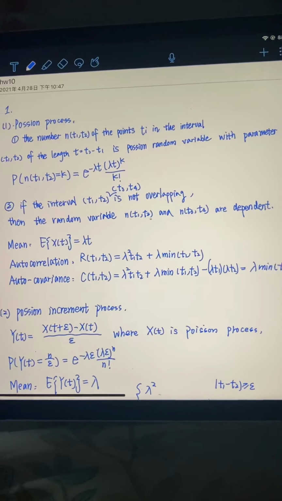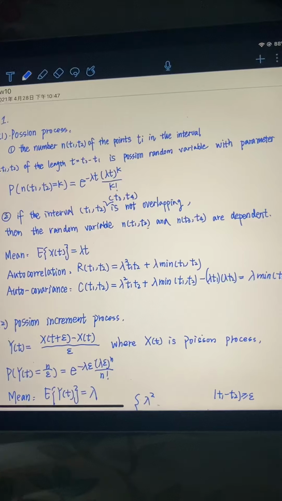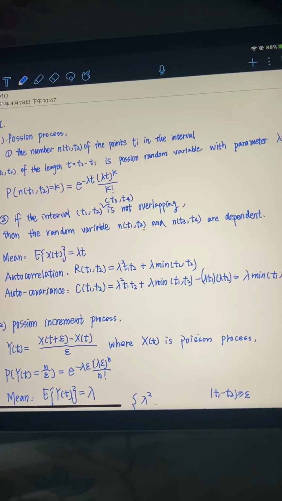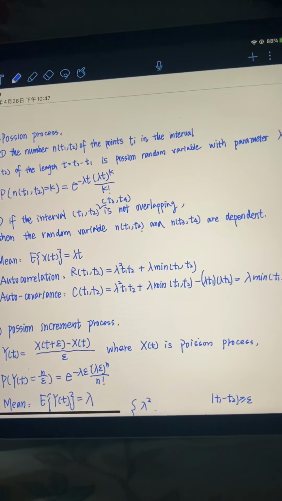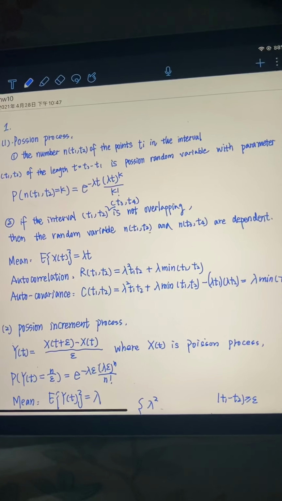And second, for the Poisson increment process, that is Y(t) equals (X(t + epsilon) minus X(t)) divided by epsilon, where X(t) is the Poisson process.